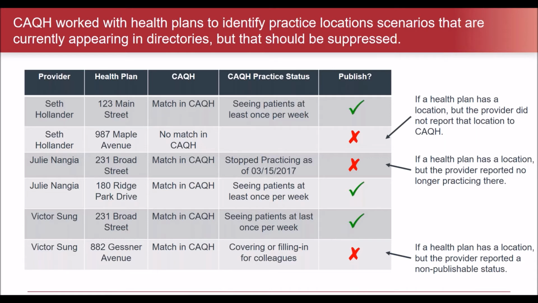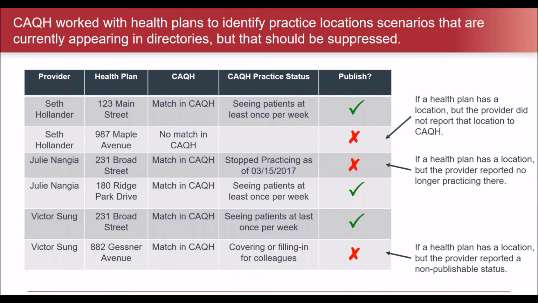This table represents a list of providers that a health plan has within their network, a list of addresses that they have for those providers on their directory, and then upon comparing that data with data that CAQH has, that providers have attested to and self-reported, what was the outcome of that comparison? Was it a match or was it not a match?